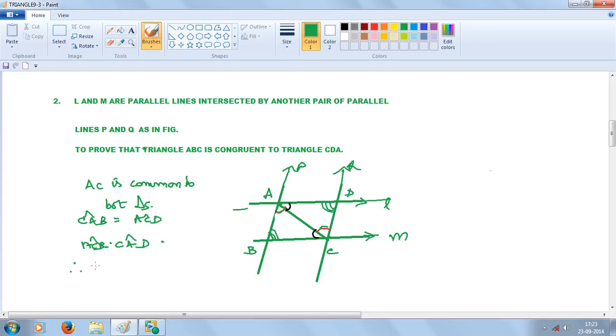Therefore, by ASA congruence rule, triangle ABC is congruent to, when you start with AB, here you have to start with CD, triangle CDA.